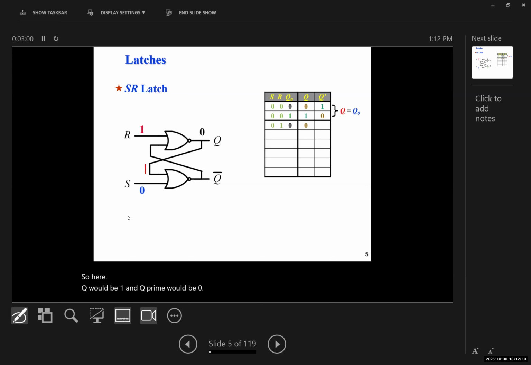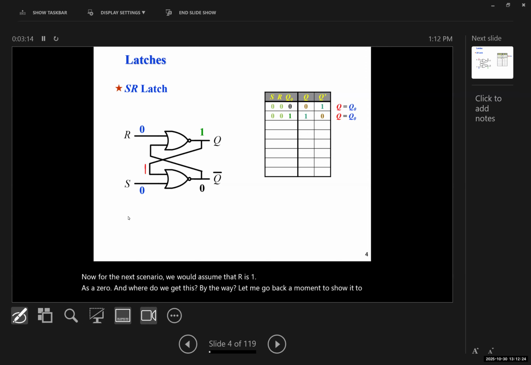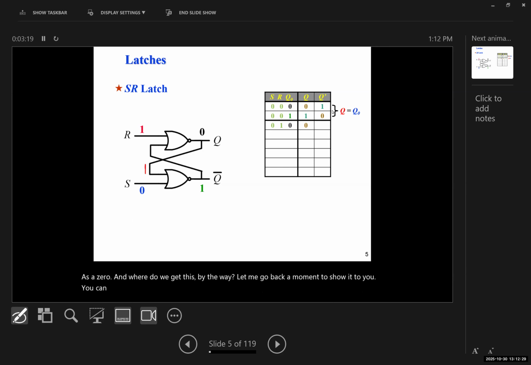Now, for the next scenario, we would assume that R is 1, and S is 0. And where did we get this, by the way? Let me go back a moment to show it to you. You can see that in the first two rows, Q is equal to Q0.